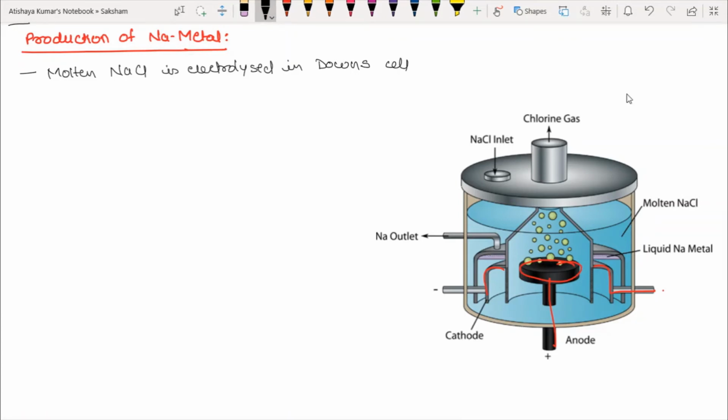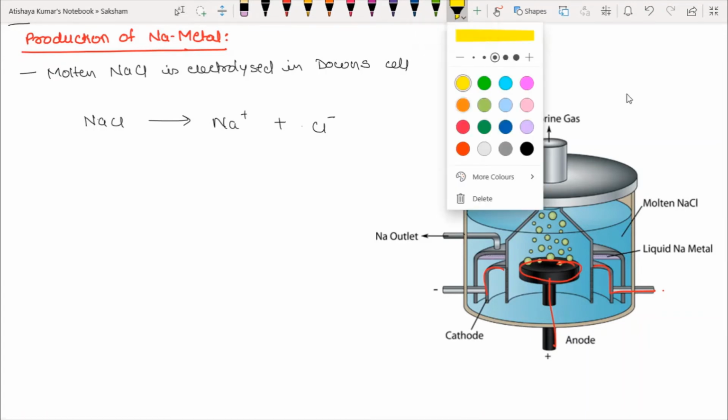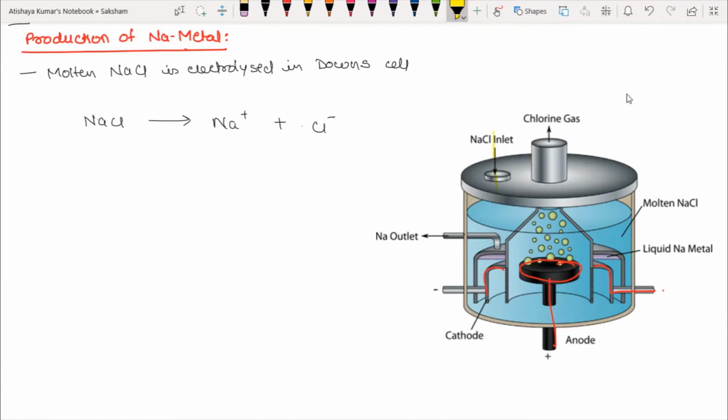As you know, in the electrolysis of sodium chloride, NaCl will decompose to Na+ and Cl-. So NaCl is being fed from here and it goes into this chamber, and after going over here it decomposes into Na+ and Cl- ions.